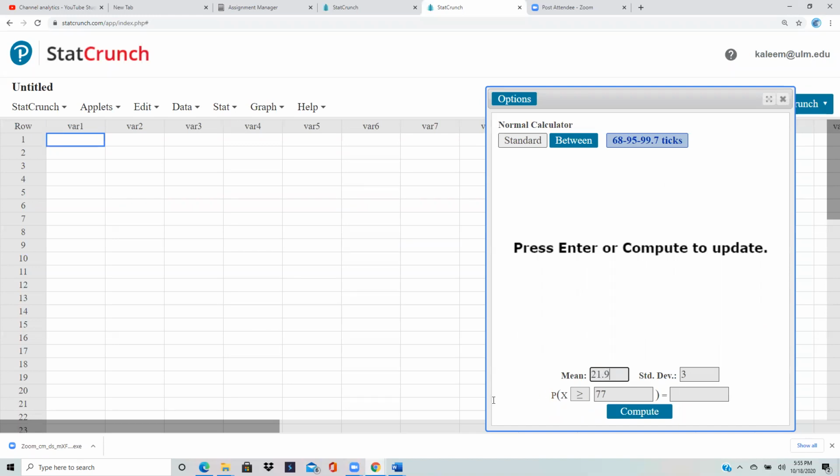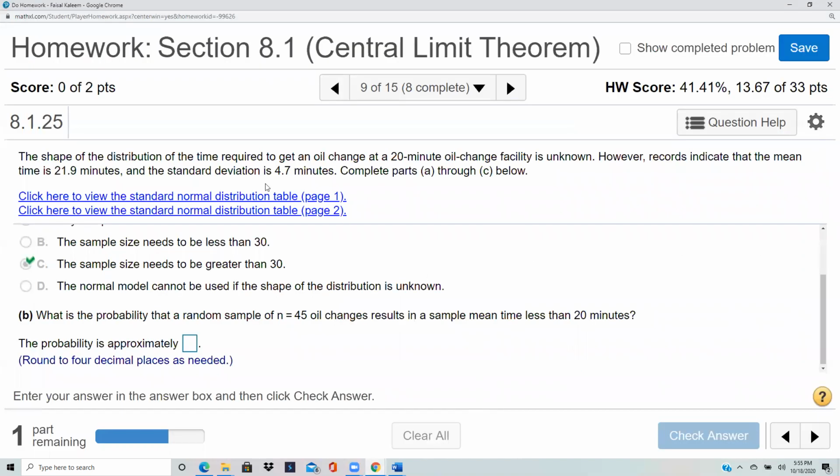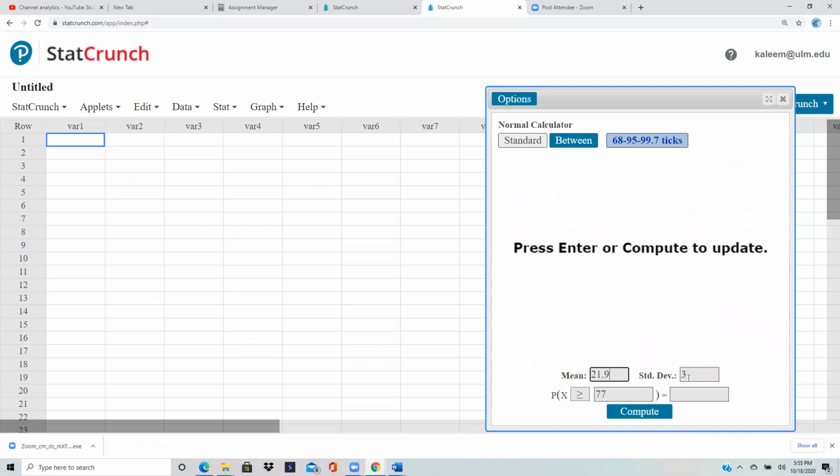And now remember, the standard deviation we will use will not be this 4.7 because that's for one oil change. And you were asked a question about 45 oil changes. So it would be 4.7 divided by square root of 45.